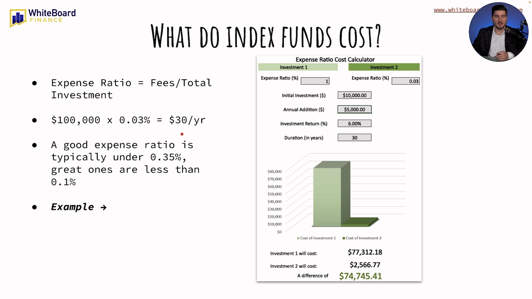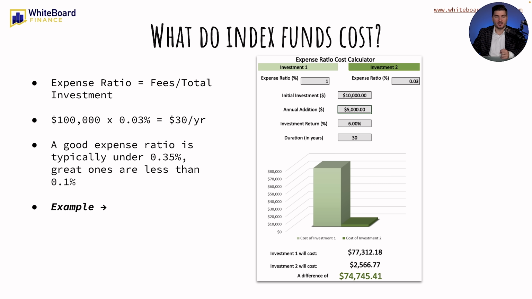All you're going to be coming out of pocket is $30 a year. So you're not going to actually see this money leave your account. It's actually going to be reflected within the return of the fund itself. So you typically want to look for an expense ratio of 0.35% or less, especially if these things are going to be passively managed, not actively managed.